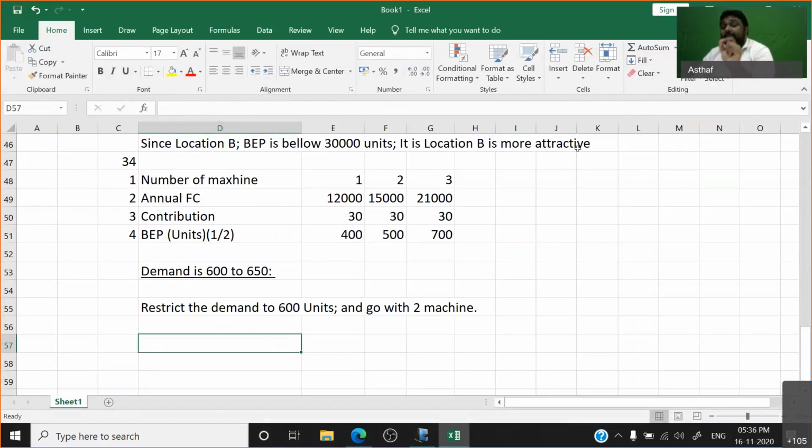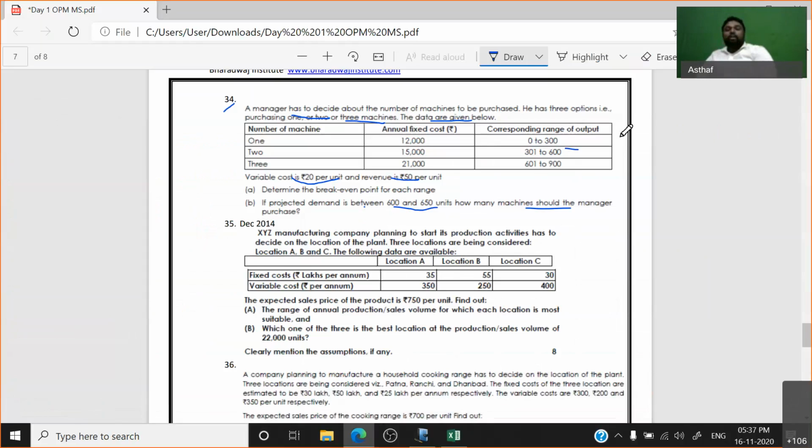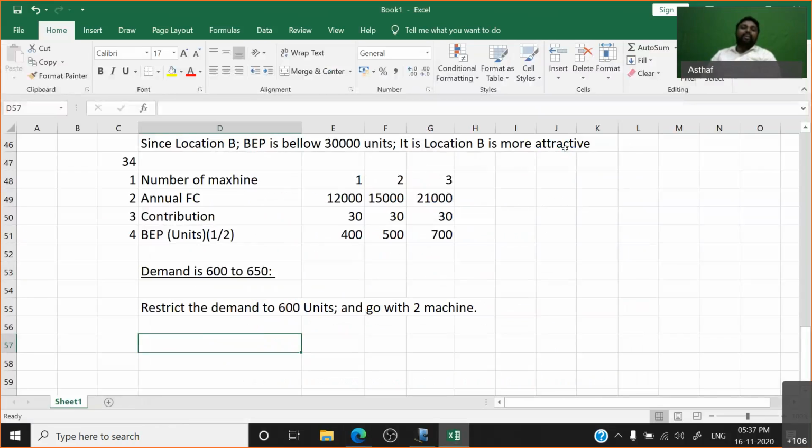If you go with three machines, you should get 700 units, but here the demand is only 650. So restrict the demand to 600. If it is 650, you cannot fulfill with two; look here, two machines can give a maximum of 600. So restrict the demand to 600 and go with two. Very interesting. Copy fast.